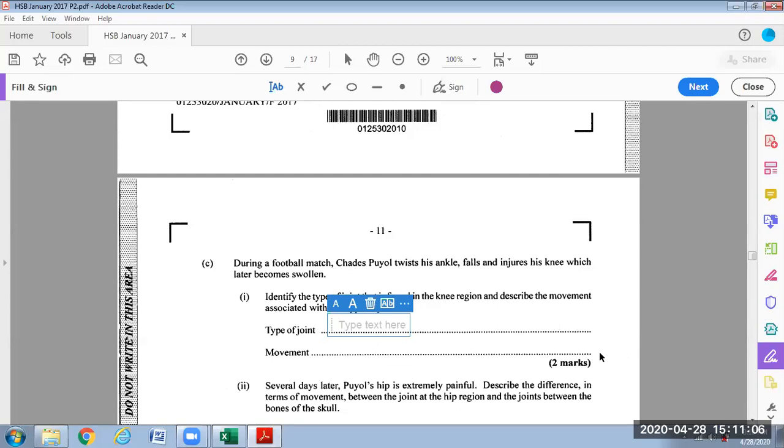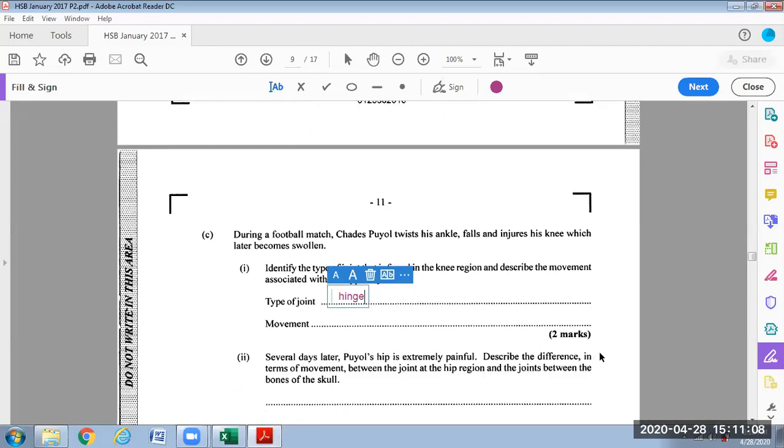I don't know if it's correct. Hinge is found in the knee and elbow. And what kind of movement does the hinge joint make? Movement in one plane. Ball and socket is movement in all planes.